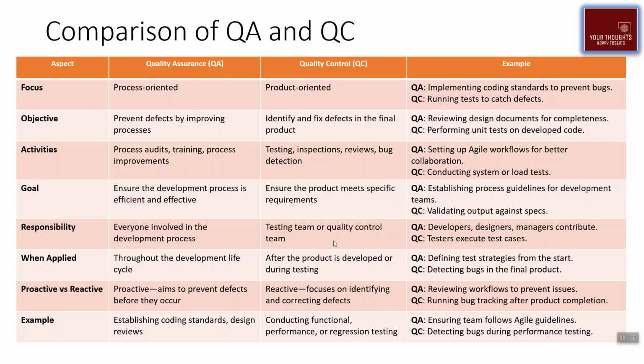In QC, only the testing team is responsible. For example, in QA the developer, designer, manager and any other stakeholder are contributing, but in QC only the testers are responsible for executing the test cases.